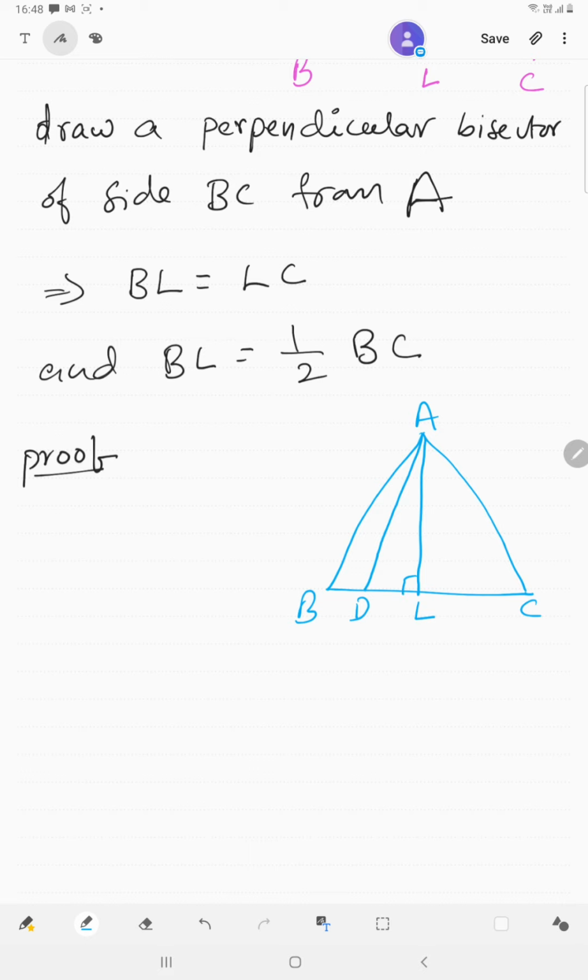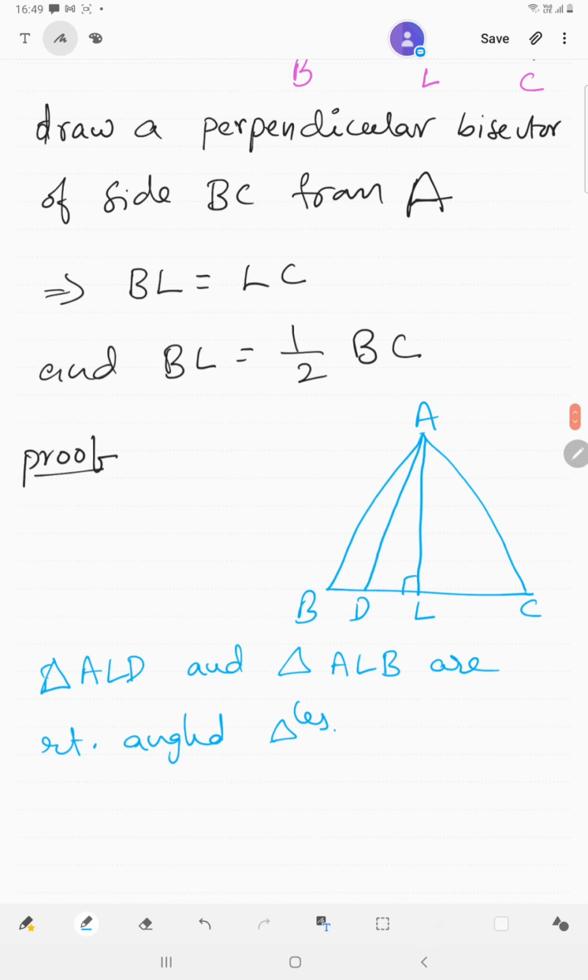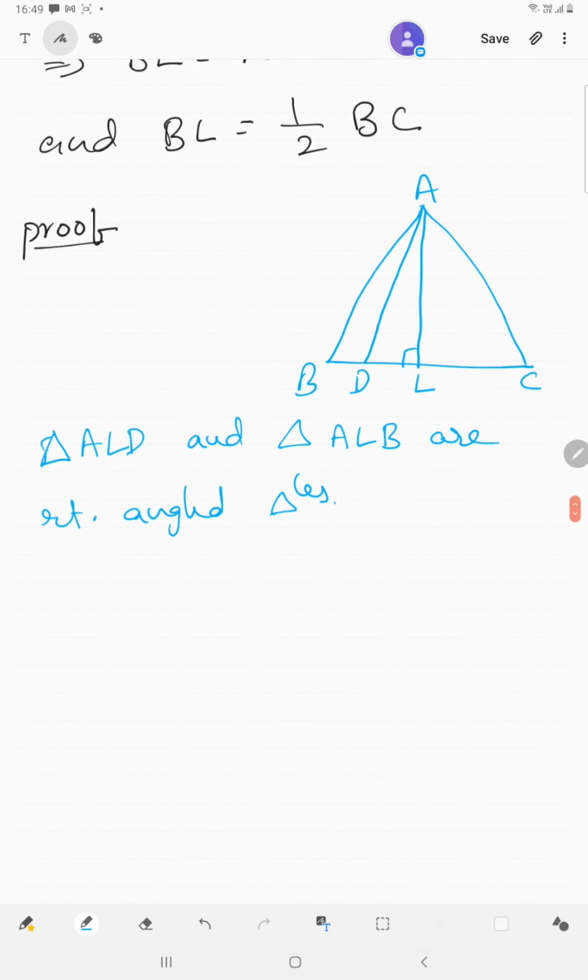Now we have two right angled triangles. One is triangle ALD and triangle ALB are right angled triangles, isn't it? Yes.